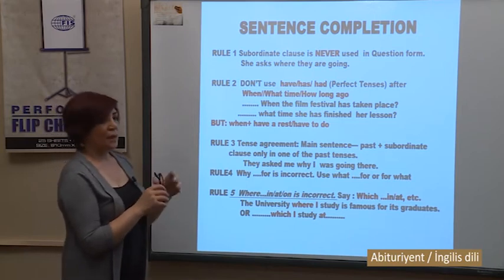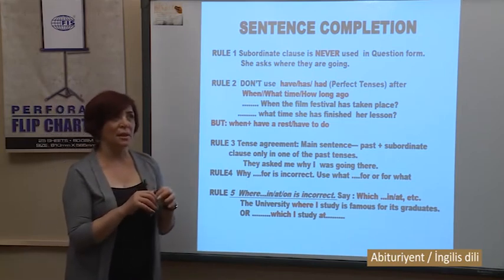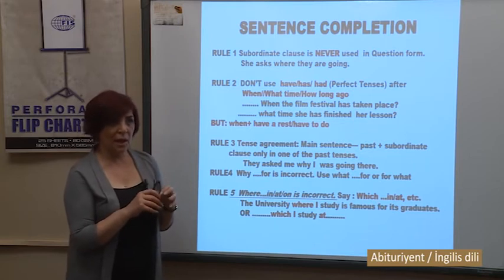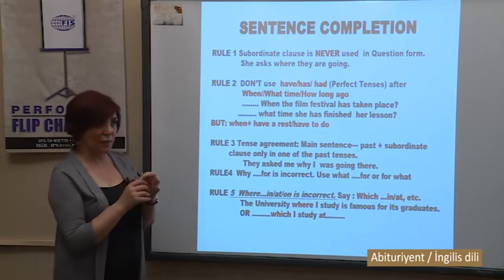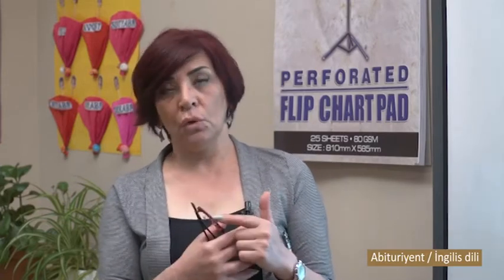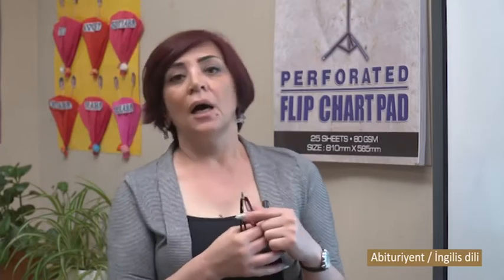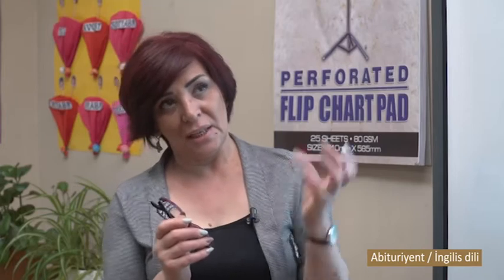In relative clauses, if our relative clause conjunction is where, we don't use in, at, on. For example, we don't say the university where I studied at, we never say it, because inside where there is in, on, and at.